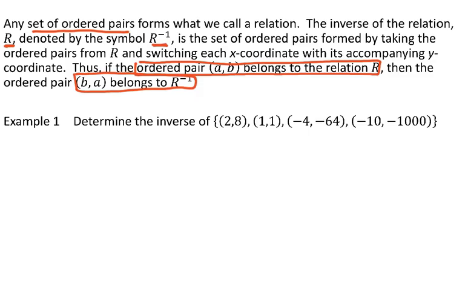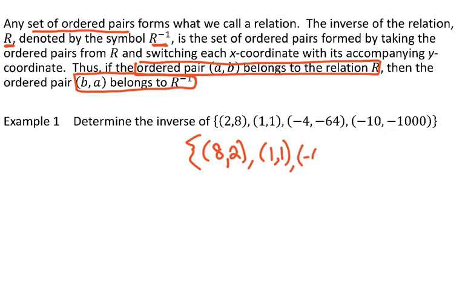Literally, the easiest way to think about this would be to switch the x and y of the points, and that is what the inverse will be. So for the inverse of this, we have the curly bracket for a set of points. First point 2, 8 will flip into 8, 2. Second point 1, 1 will flip, even though it won't look like it flips, it does, into 1, 1.